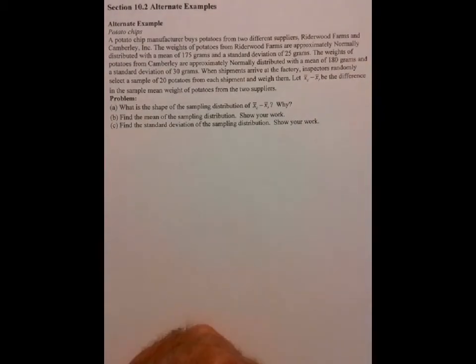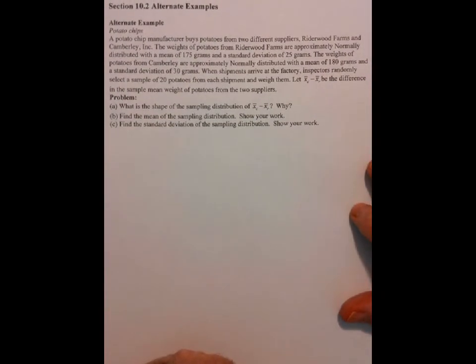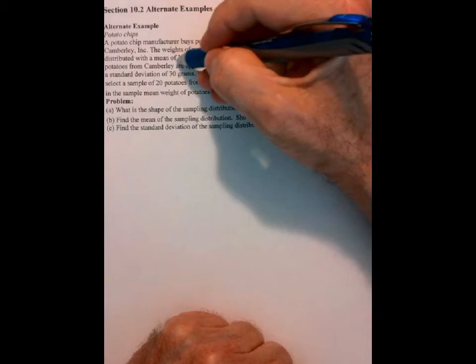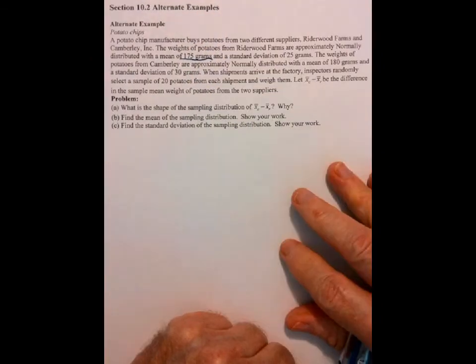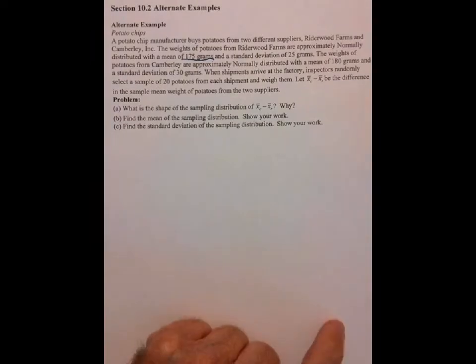Okay, so here's the typical potato chip manufacturer, and it buys potatoes from two different suppliers, Riderwood Farms and Camberley Incorporated. The weights of potatoes from Riderwood Farms, as it happens, are approximately normally distributed with a mean of 175 grams and a standard deviation of 25 grams.